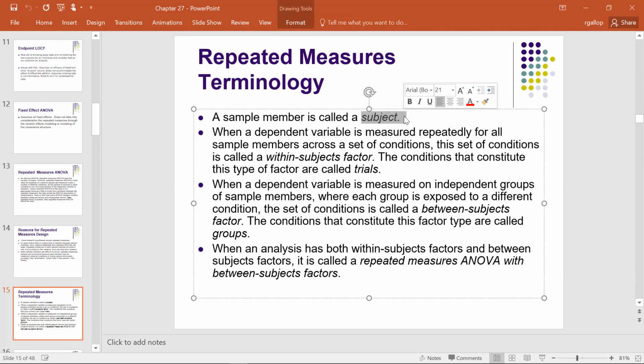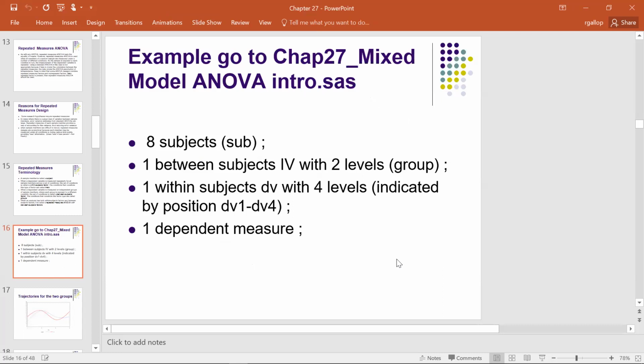So again, things like time are what we call within subject. When a dependent variable is measured on independent groups of the same members, then each group is exposed to a different condition. This set of conditions is called the between subject factor. And when the analysis has both within and between factors, it's called a repeated measures model.